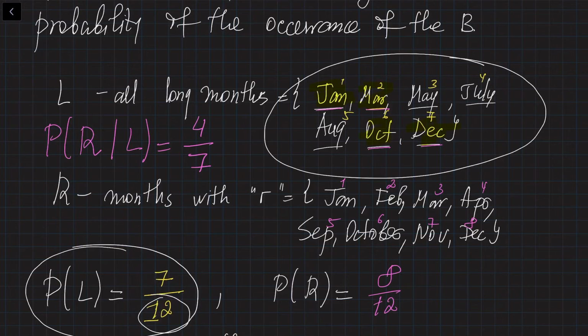Because there are 4 months: January, March, December, and so on. So there are 4 months which are in both of the sets, right?